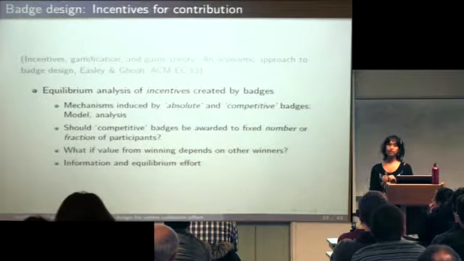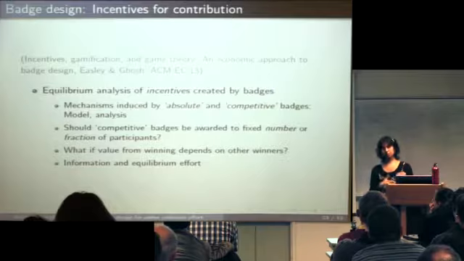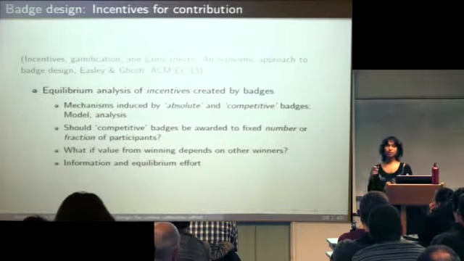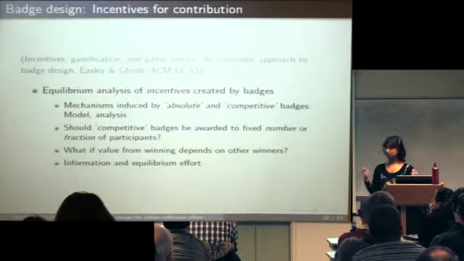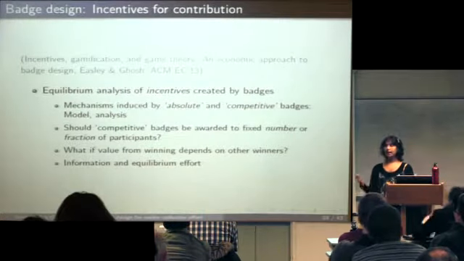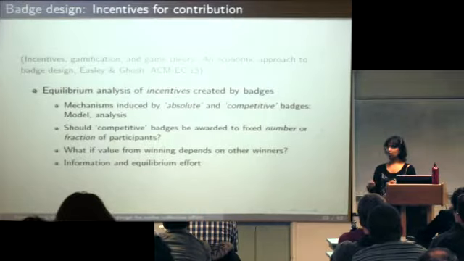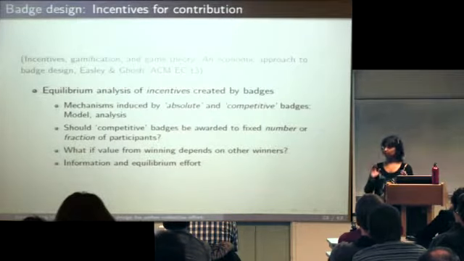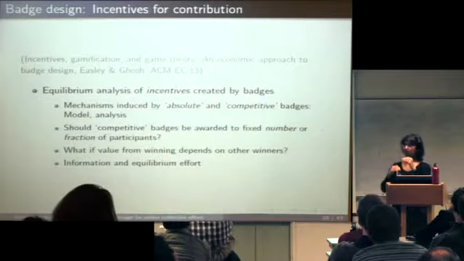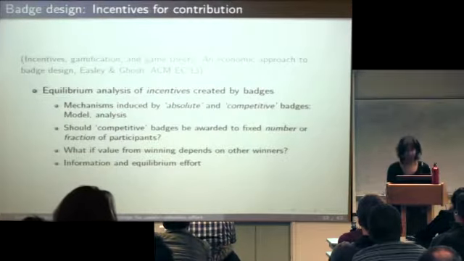Should I be awarding it to 10% of the 700 that actually posted? When participation is a choice, the number of people who could potentially contribute and the number of people who actually contribute are not necessarily the same number. And so you have this question: should I be awarding to the top 10% or to the top 100? So an absolute number of relative rewards or a relative number of relative rewards.